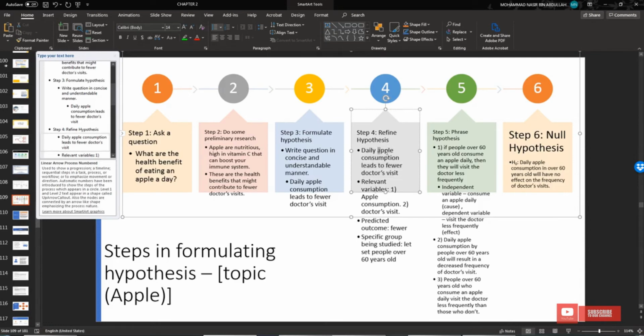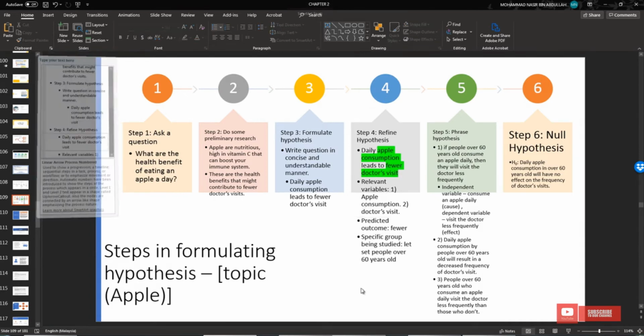So apple consumption is our variable, and fewer doctor visits are also a variable, right? So the predicted outcome is fewer visits, right? The independent variable should be the apple consumption, and the dependent variable should be the number of doctor visits, right?